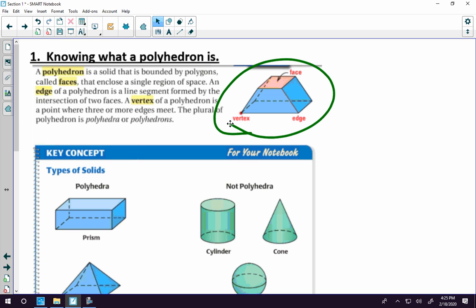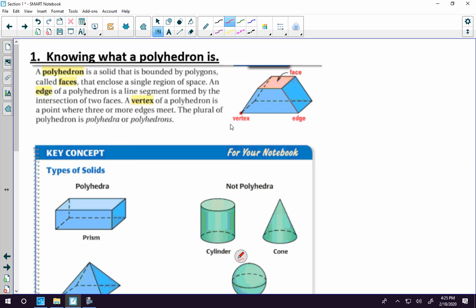This three-dimensional shape is made up of trapezoids and quadrilaterals. The vertices around it are all the points, if you will. That's a vertex, vertex, vertex. These are all the vertices of the polyhedron.